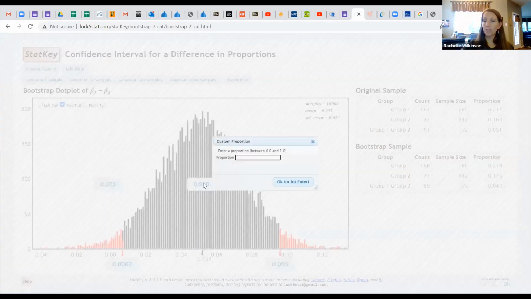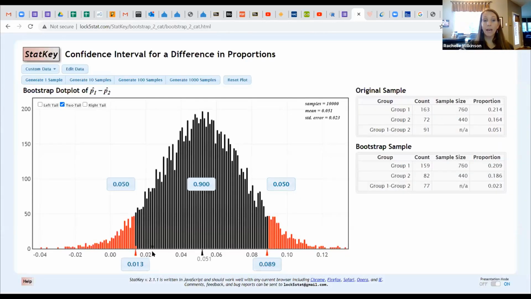For this one, I want to be 90% confident, so I put 0.90 in that center box. Once I do that, see these boxes down here? Those are the lower and upper bounds of my confidence interval. So my confidence interval goes from 0.013 to 0.089.